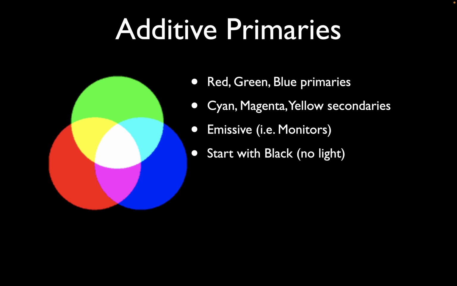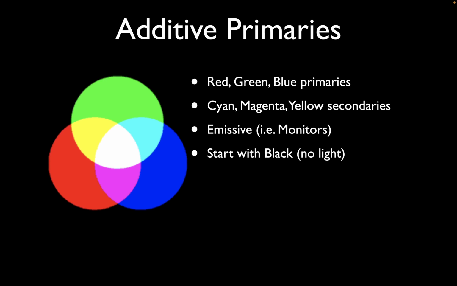This is a monitor, it starts with black. This monitor is turned off. Can this thing get any blacker? No. People think it can, but it can't. There's no way you can get anything darker. If you unplug your monitor, there's no way you can get it any blacker than that. So it starts out at 0, black.